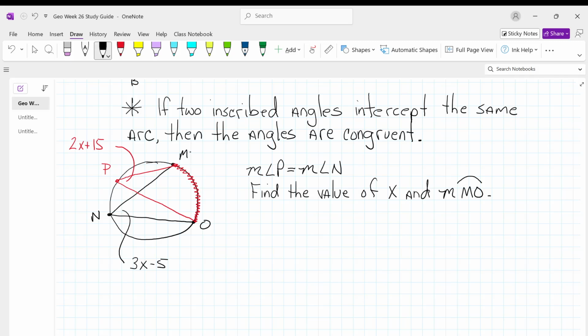So we know by rule these two angles are equal to each other. So we're going to solve for x first. We're going to take 2x plus 15, set it equal to 3x minus 5. Subtract 2x from each side and add 5 to each side.